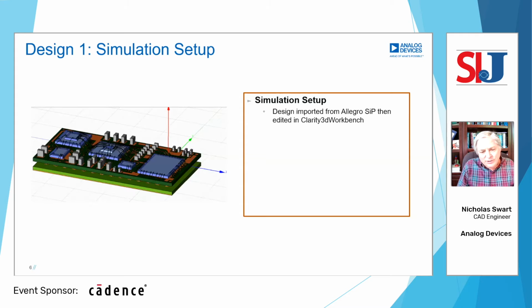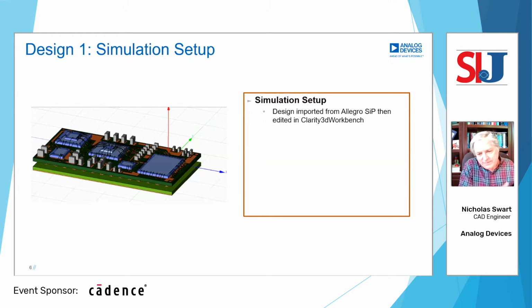The layout tool is targeted towards planar type structures, and it's very easy to set up ports for those typical planar structures. The 3D Workbench is a full 3D tool that allows you to add 3D geometries, do cutting of geometries, and so forth. Both tools use the same underlying Clarity engine. So depending on what you're doing, one tool is better than the other.